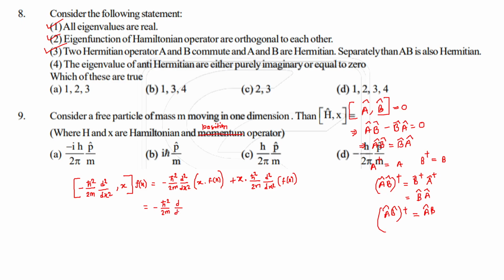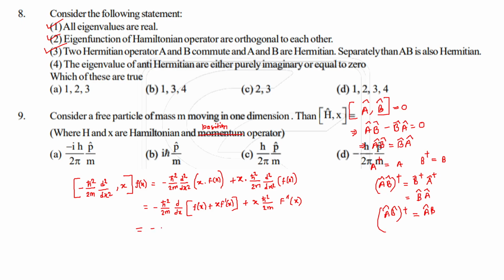Obviously, we are going to do twice d of dx. So first we are going to get f of x. Second we are going to get x f dash x. And from this side we have x h cut square by 2m f double prime x, which is the double derivative, right?